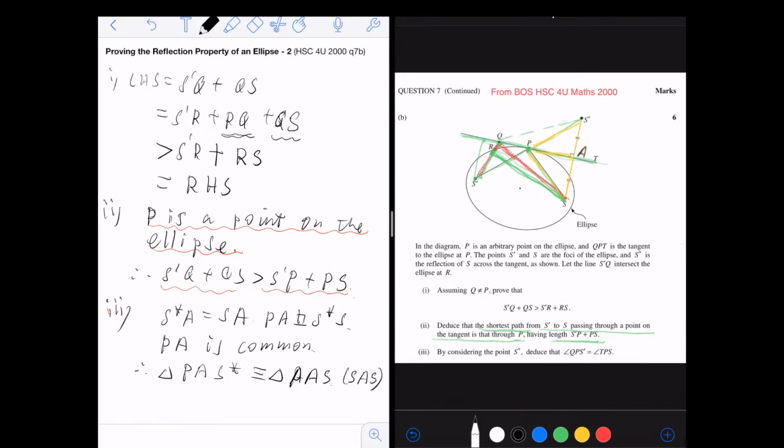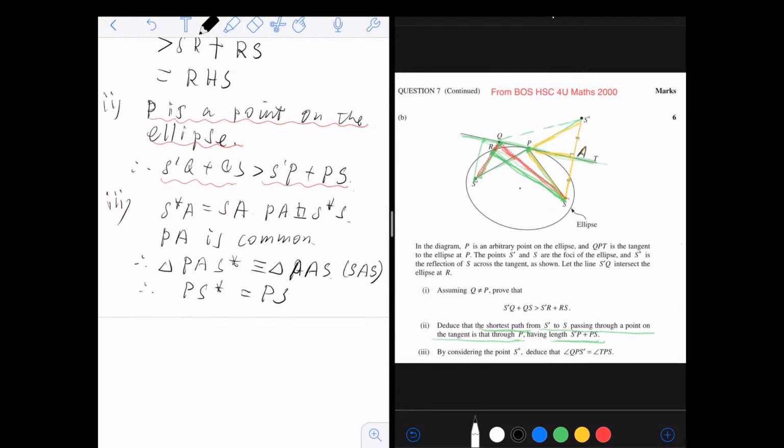So therefore we can say PS star is equal to PS. Then similarly, we can also prove triangle QAS star is congruent to triangle QAS.